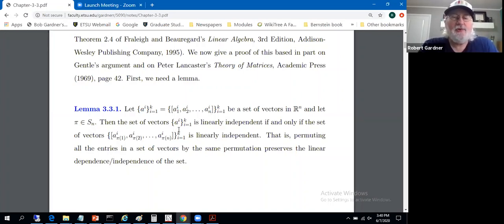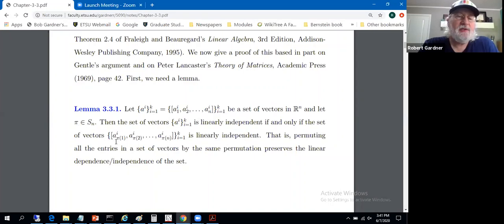Then the set of vectors a^i is linearly independent if and only if the set of vectors given here is linearly independent. All right, so we're given k vectors. How they differ from the original vectors is by use of this permutation. We've permuted around the coordinates, the components of the given bunch of vectors. So for the first component, we don't have a_1^i.